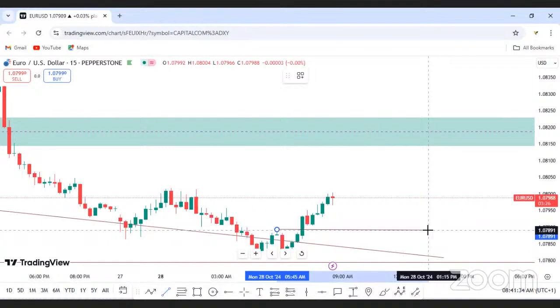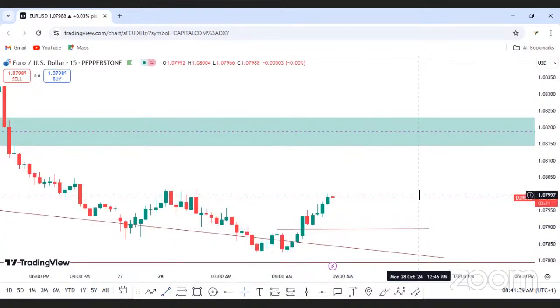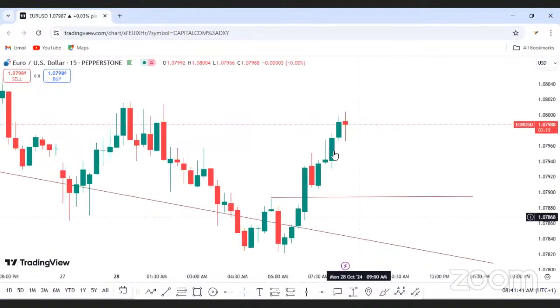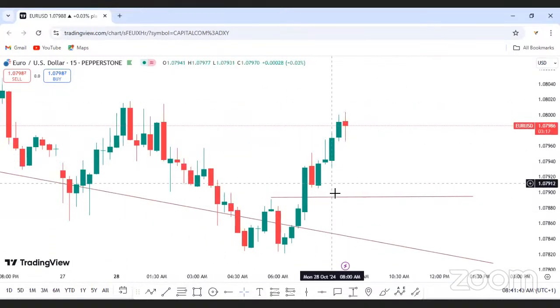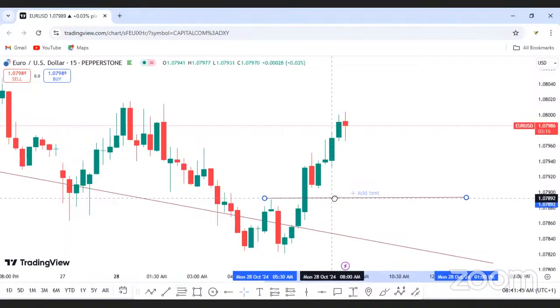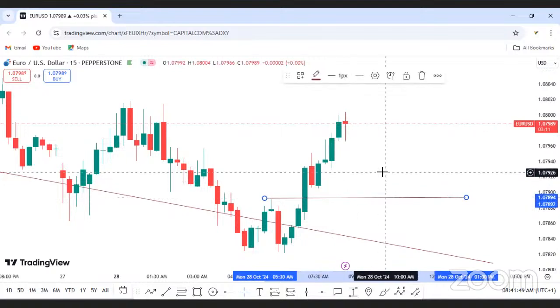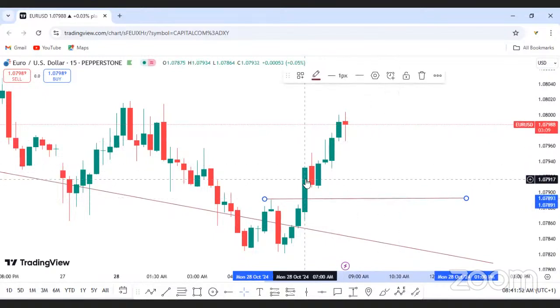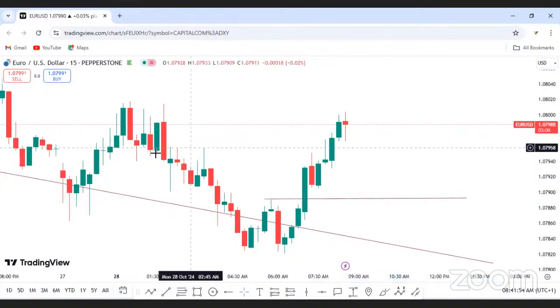If you see Euro USD retrace to this level, then this is a very good point to enter the Euro USD buy. So at this point, we're looking out for any retracements, and then we'll be taking our buys and riding it all the way to the upside. Okay, so that is our outlook on Euro USD.